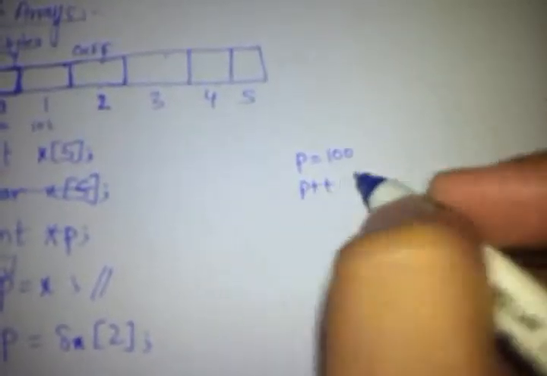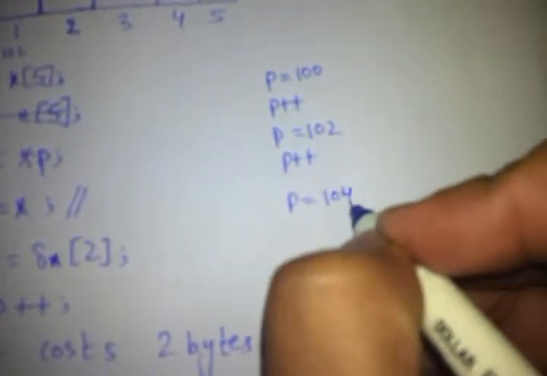So if this memory location was 100, the next would be 102. So if the pointer value was 100 and we did p++, it would have given us 102, and next time it would have given us 104.